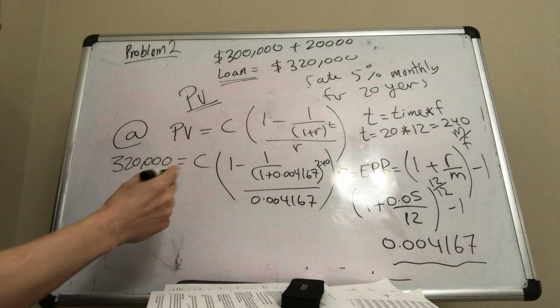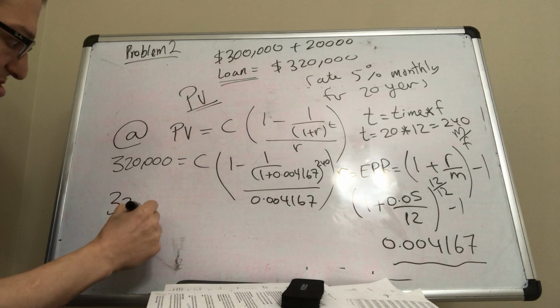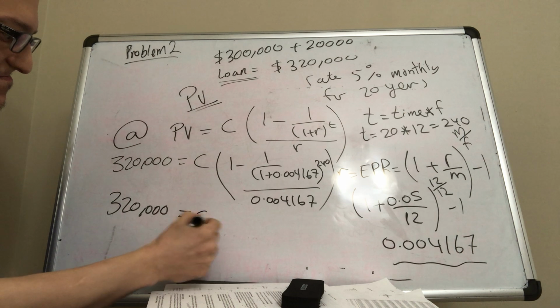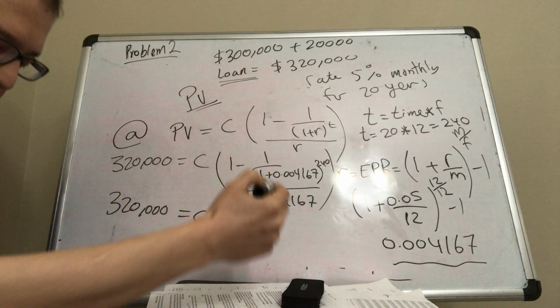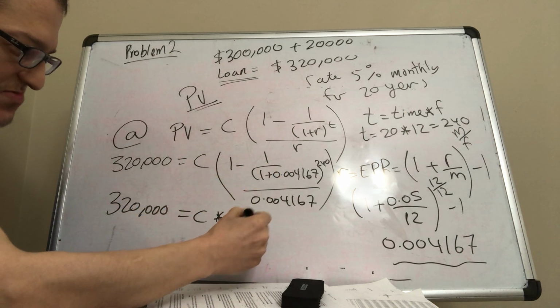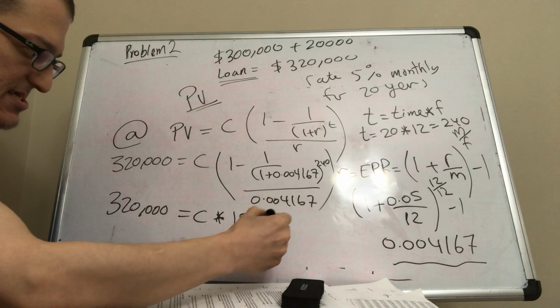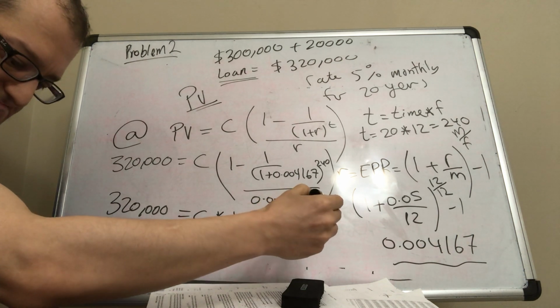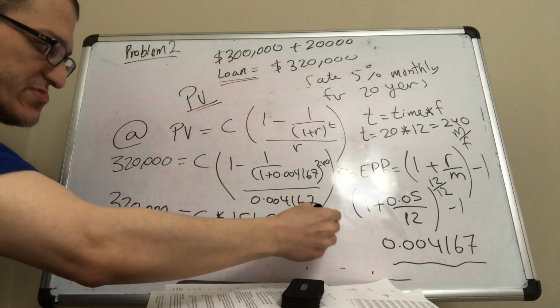So it's recommended to do it in 2 steps. So you bring this number down, and whatever this is, this here is 151.513192.